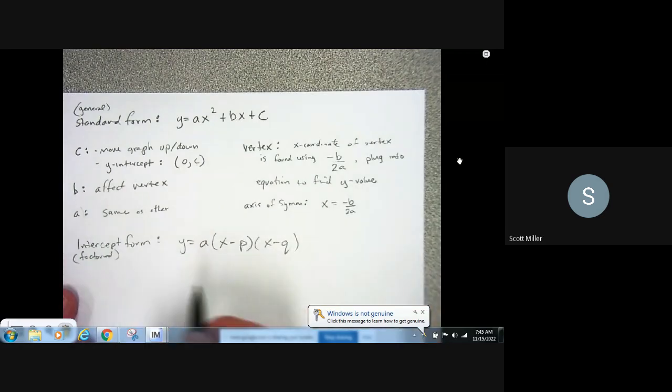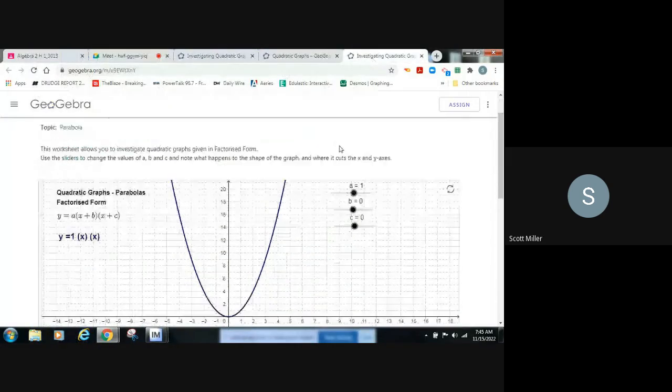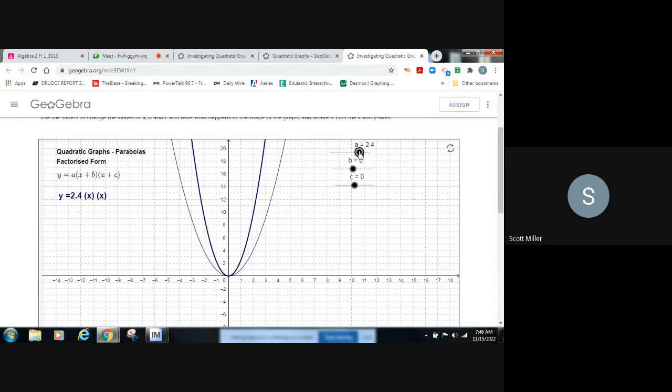So we're going to look at those, and let's see how these things change. Here's our intercept form. So again, looking at the a, you can see that a does exactly the same thing as it has always done. If a gets smaller, it gets wider. And if it goes negative, it flips over the x-axis. Same process. So that's a.